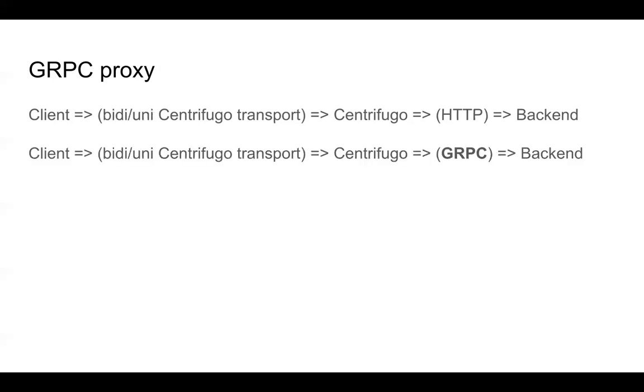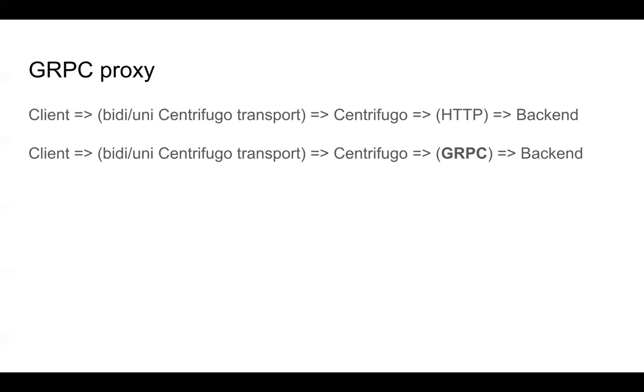Now we have this situation: instead of HTTP, we will be able to use gRPC. I can't say that this is better, but this can fit some infrastructures for some users, I suppose.